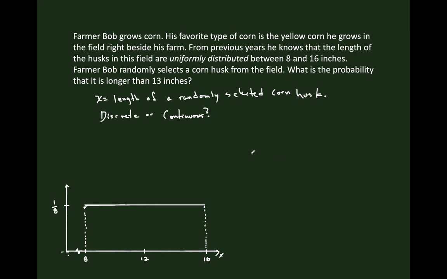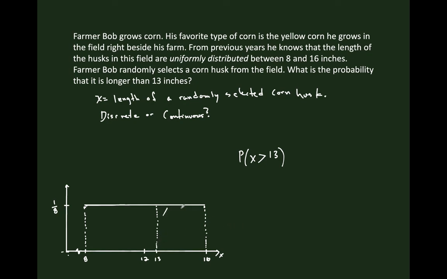Now, the probability we're looking for is that the randomly selected husk is longer than 13 inches. So I'm going to go down here on my axis and put a 13. And I'm going to think about the husks that are longer than 13.